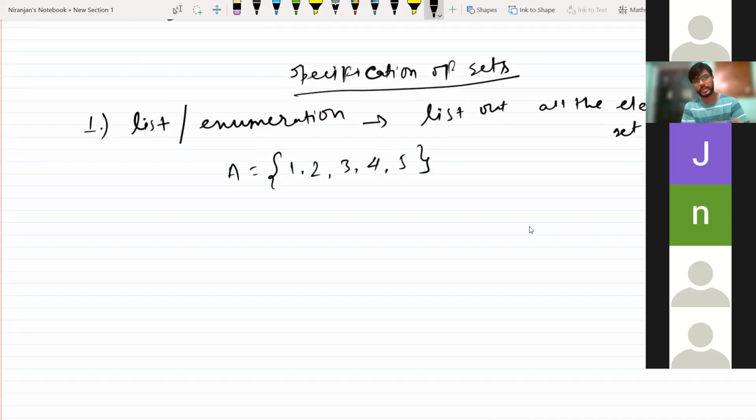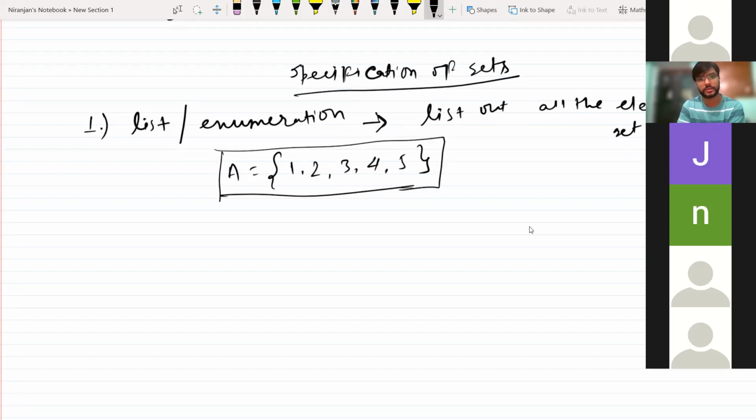That's how you get this particular notation or specification of the set. This works only when you have a finite set where the number of elements is very low and you can list them out. Otherwise, it doesn't work.